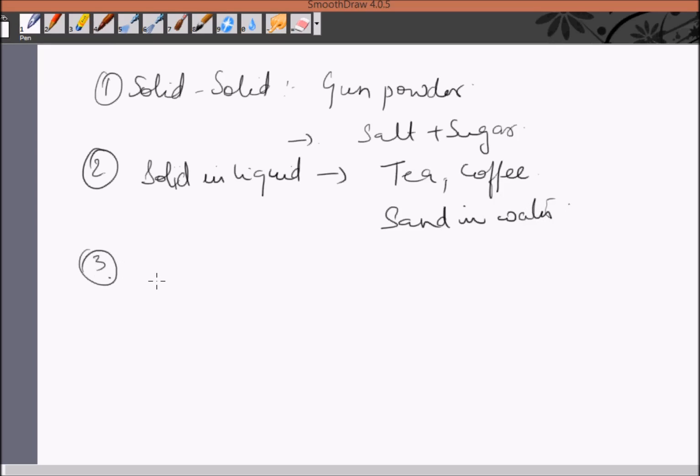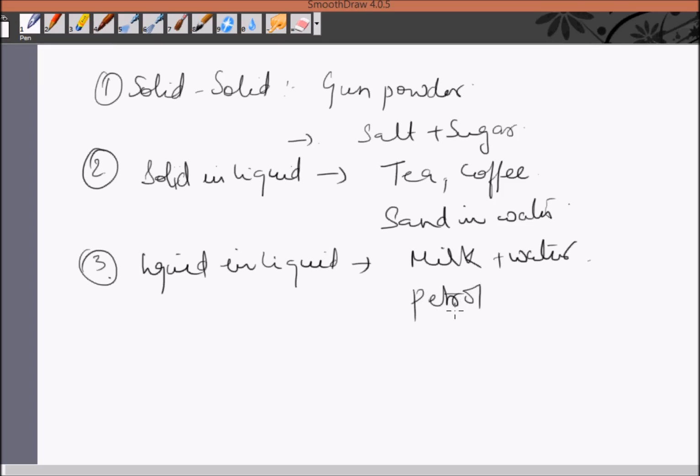Third combination will be liquid-liquid. Again, there is a very basic example, milk plus water. Or you can also see petrol is also a mixture.